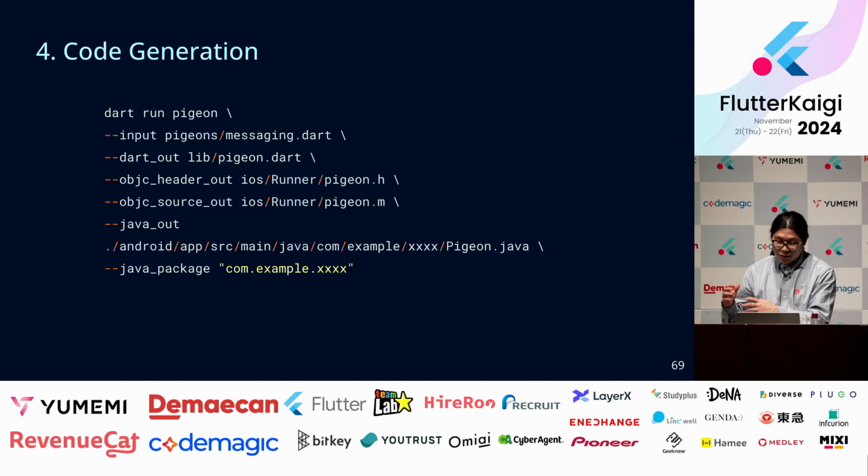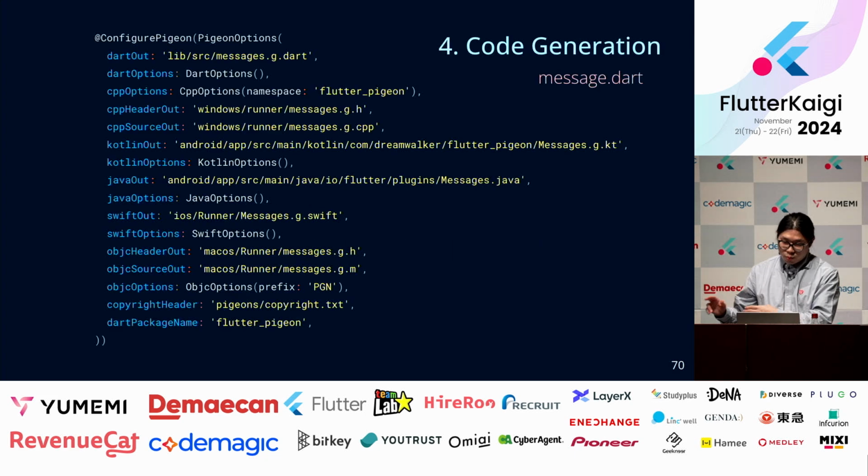Once all the definitions are completed, we generate the code using dart run pigeon. The method you can see does not involve generating the code through the CLI. The recommended approach now is to define options by using the ConfigurePigeon annotation inside the definition file, the message.dart file.